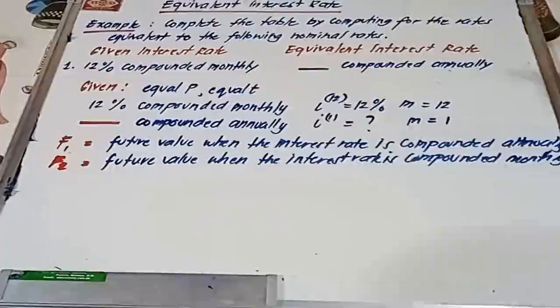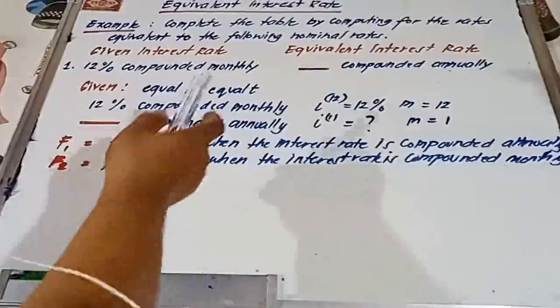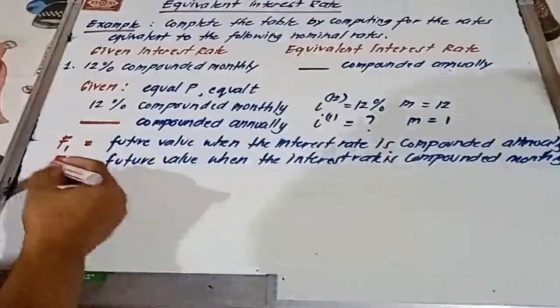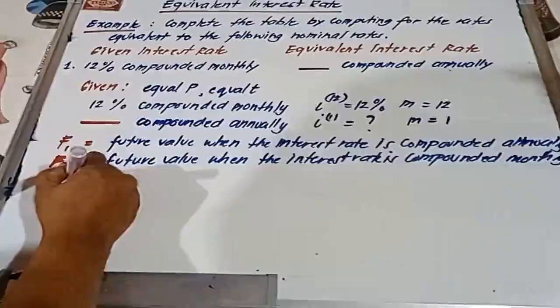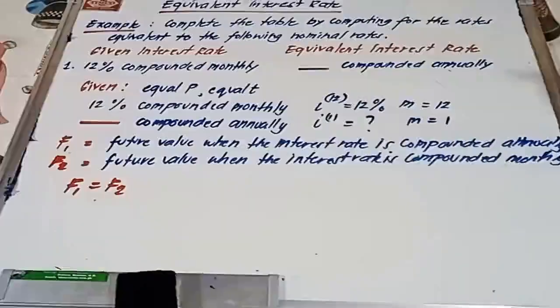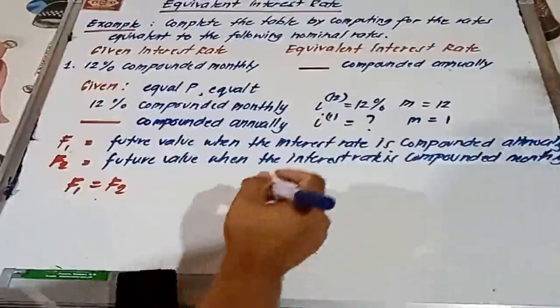Now, to solve for the equivalent interest rate, as I've said earlier, we're just going to equate these two future values. F1 equals F2. Okay, we can compute for the equivalent interest rate using the formula of the future value of compound interest.